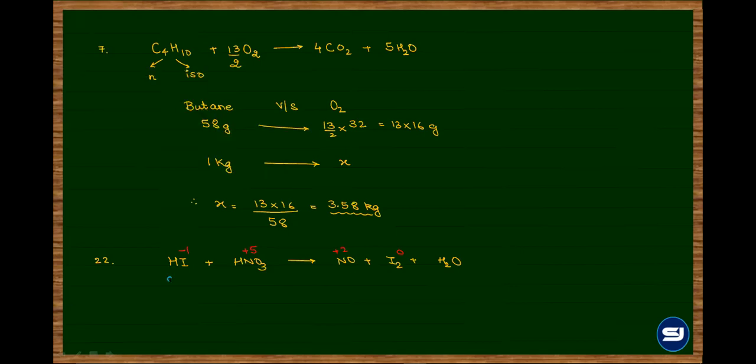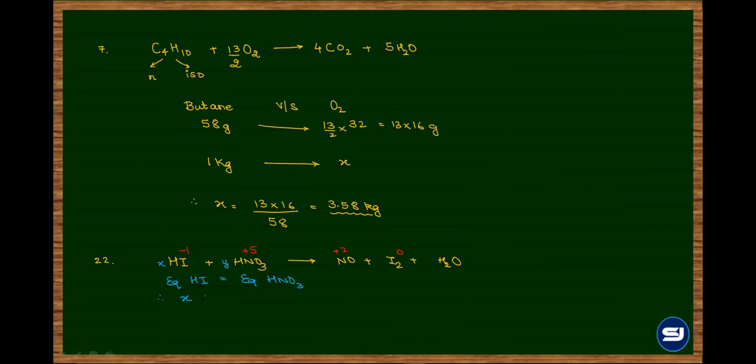So now apply equivalence of HI equal to equivalence of HNO3. Here they have written X moles and Y moles. Which formula will apply for equivalence? Formula number 4, moles into n factor.